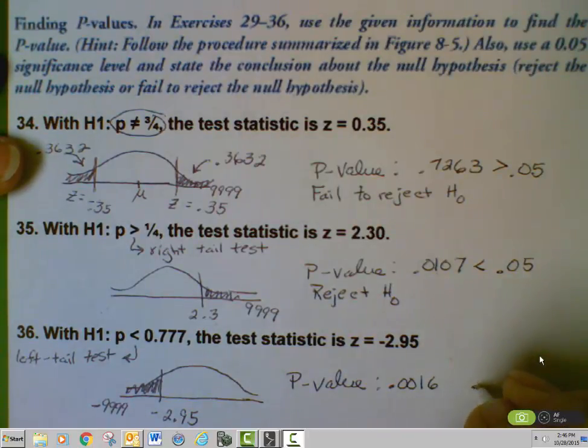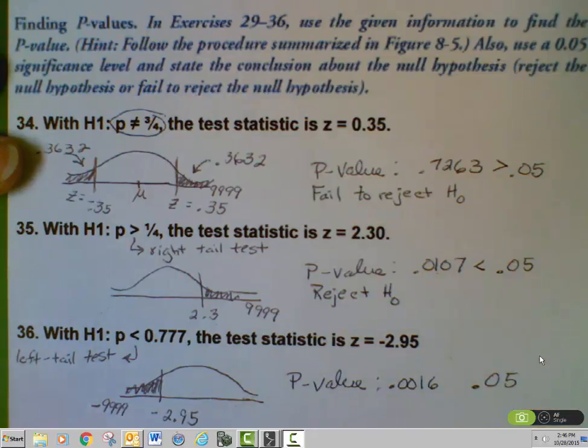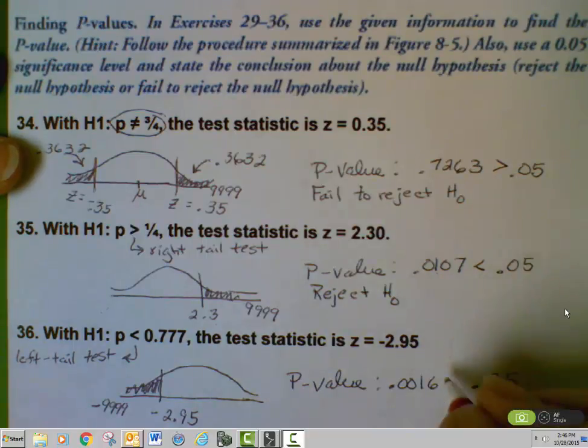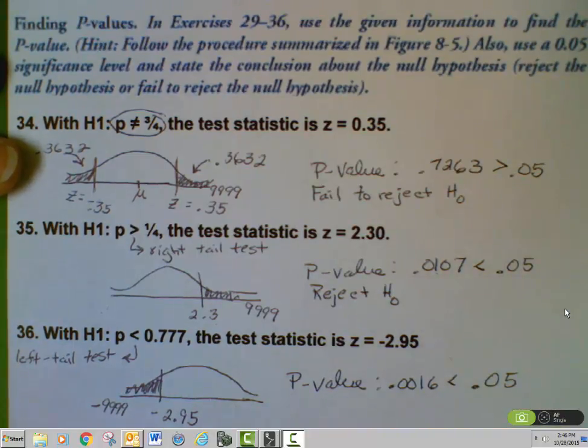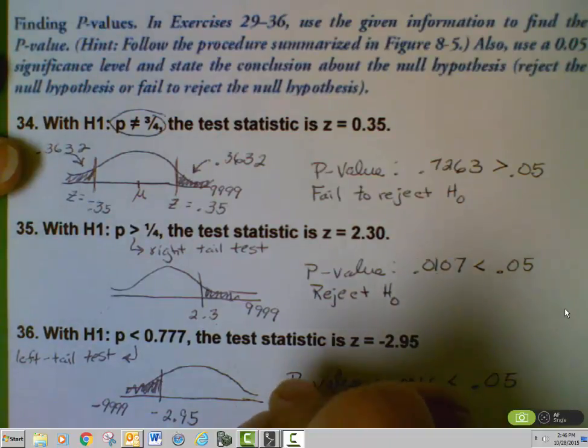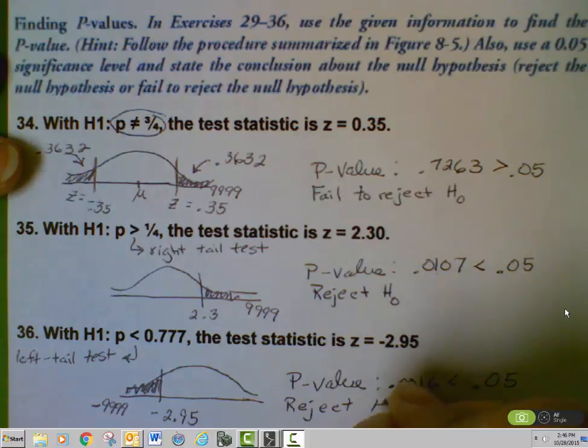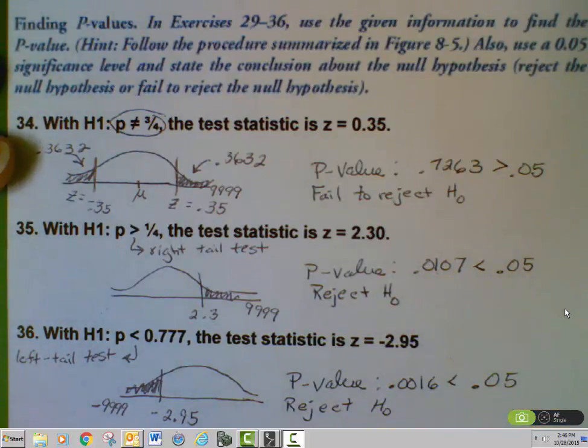Compare that to the significance level of 0.05. 0.0016 is less than the significance level. And again, if P is low, the null must go. We have to reject the null hypothesis.